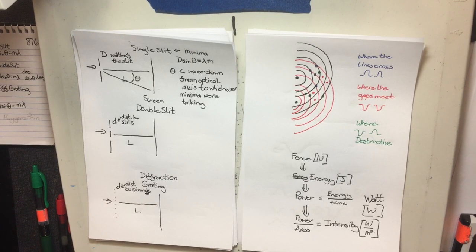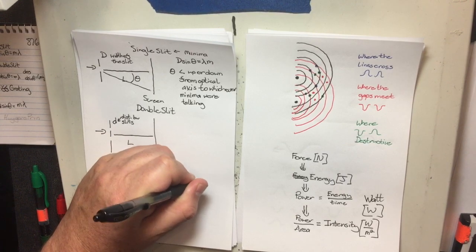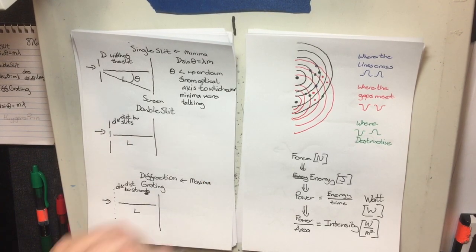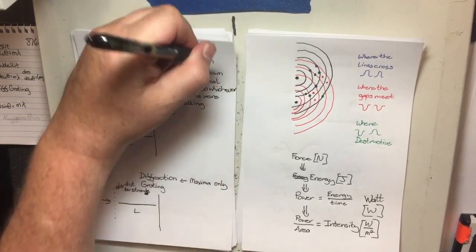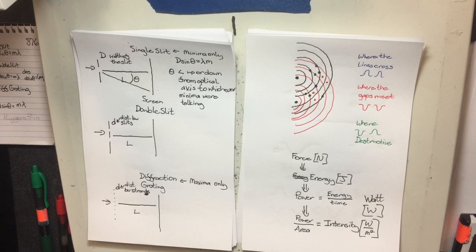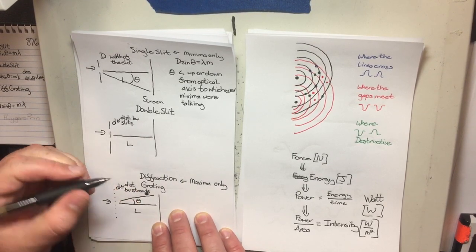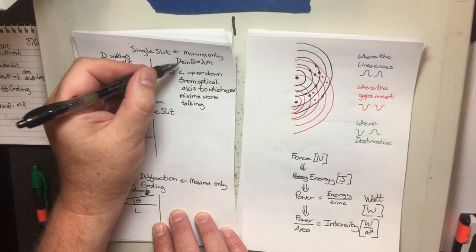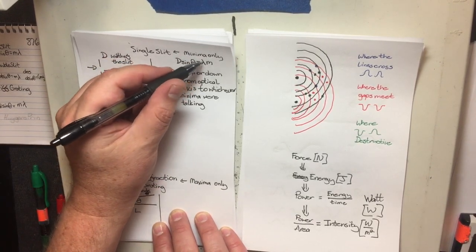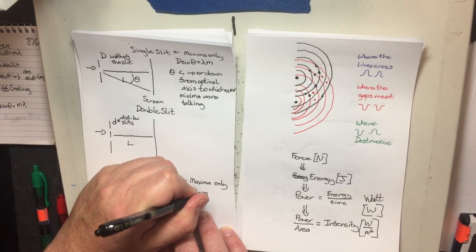In a diffraction grating, diffraction gratings only care about maxima. The maxima, or bright spots, once again, you use the same things, where instead of big D sine theta is m lambda, it is little d sine theta equals m lambda.